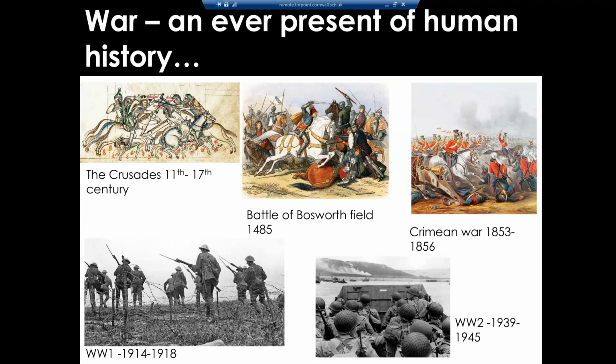So what you can see in front of you now are some images that represent a snapshot of some significant conflicts in British history. We know that there have been many more wars and conflicts around the world. So war poetry has a really long history of people writing about and expressing their feelings and experiences of events linked to war.